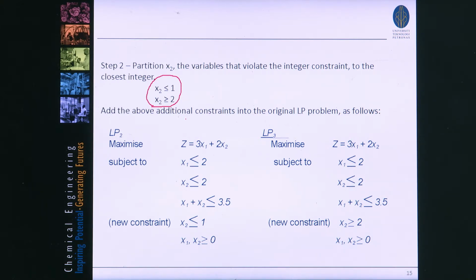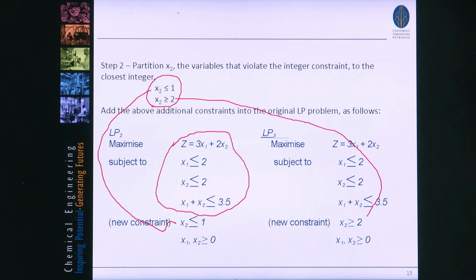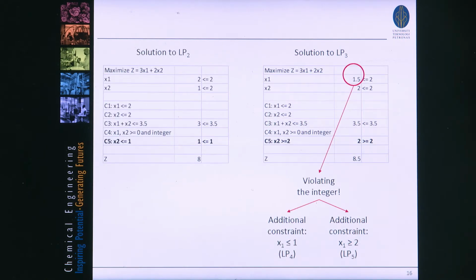So we now have 2 additional linear programming problems. It's the same problem, but with an additional constraint, x2 less than or equal to 1, and the other constraint, x2 greater than or equal to 2. So now we have two linear programming problems which we can easily solve.